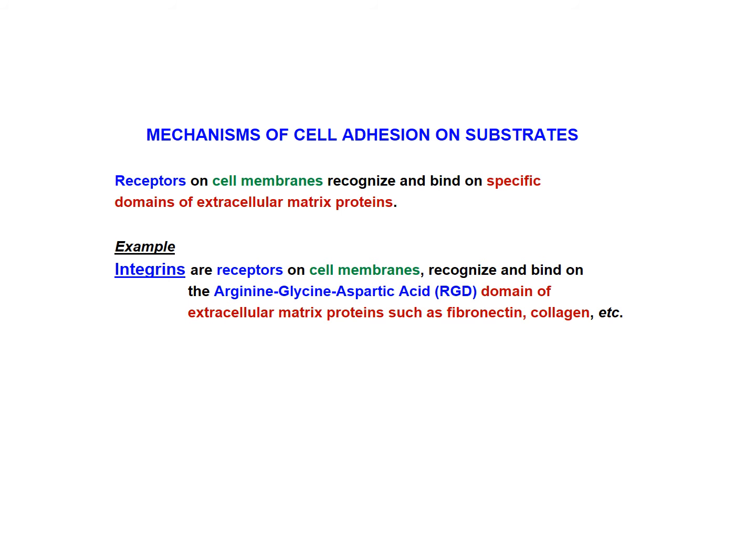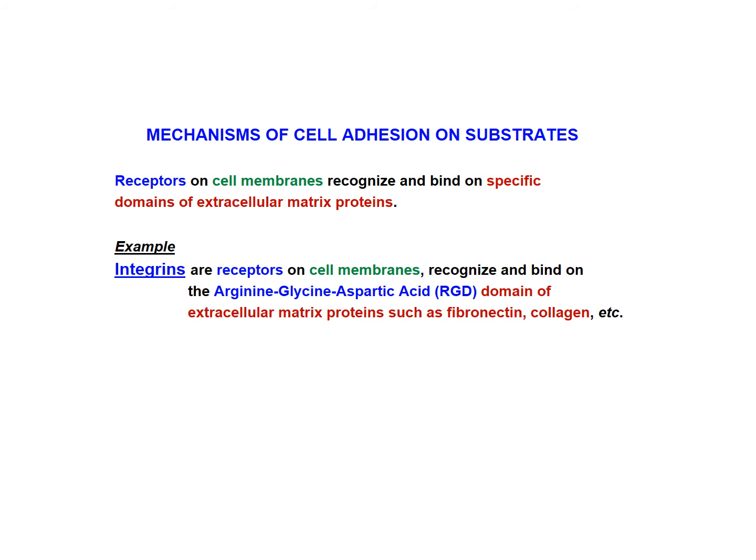An example of such an interaction is the so-called integrin receptors on the cell membrane. These receptors recognize and bind on a 3-amino acid region: arginine, glycine, aspartic acid.